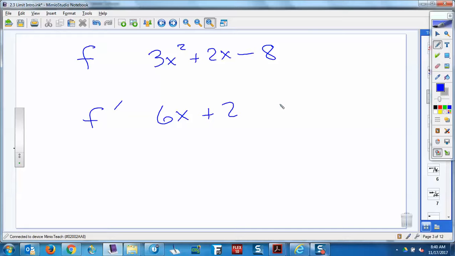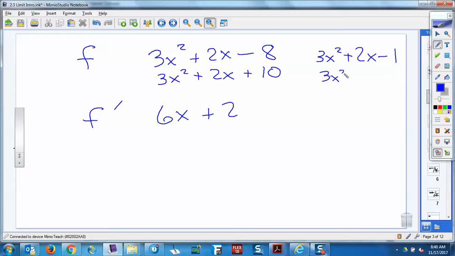You know, with that -8 there, I'm just kind of curious. What if I had another function that was 3x squared plus 2x plus 10? What would the derivative of that be? Same thing. What if I had 3x squared plus 2x minus 1?